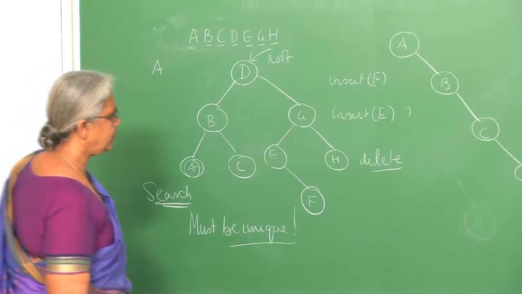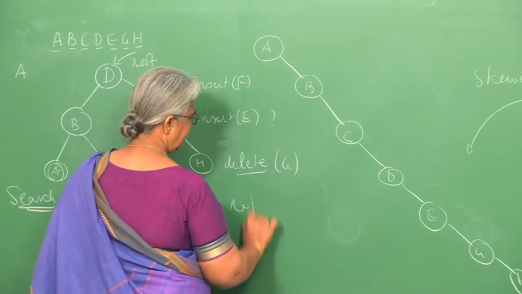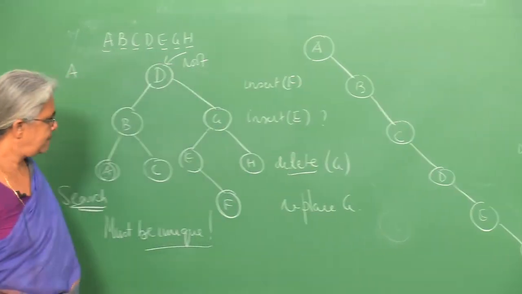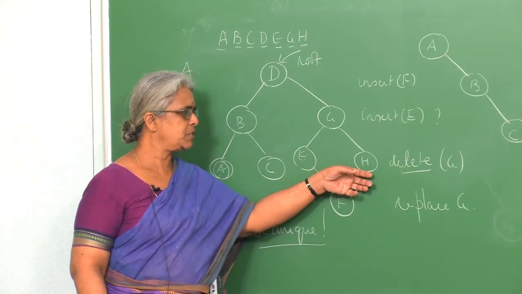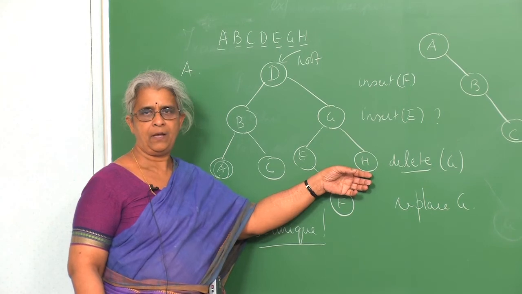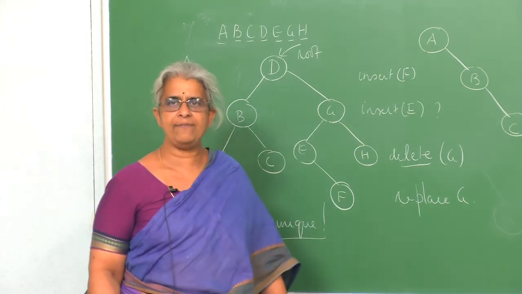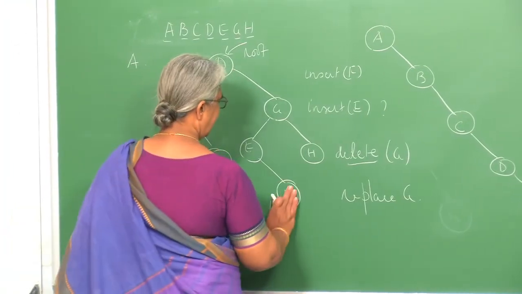We can do one of two things. Suppose I want to delete G, I can replace G with either the largest node on the left subtree or the smallest node on the right subtree. Why do we do that? Because then we can guarantee that the tree will still remain a binary search tree.